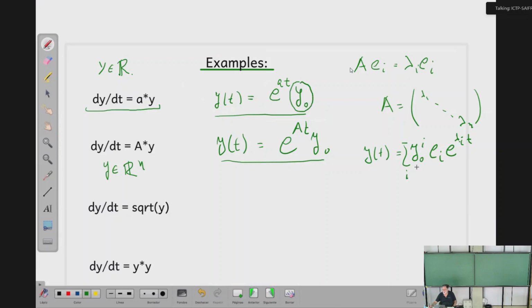For this to have a solution we need to give some arbitrary vector, m vector.